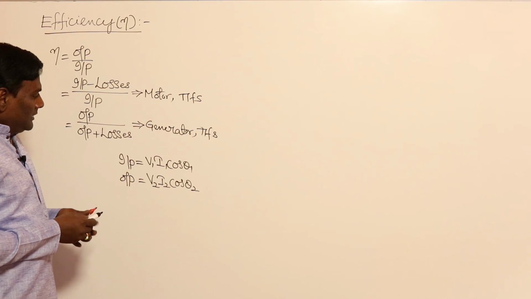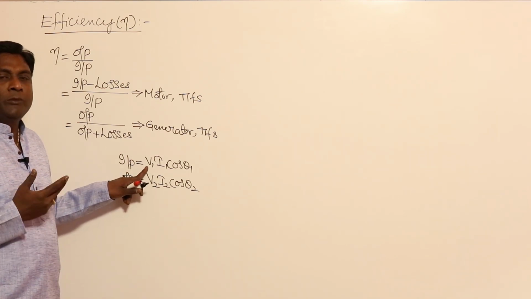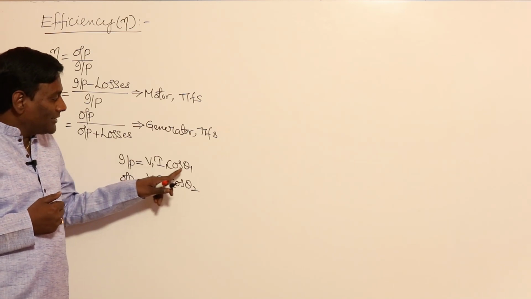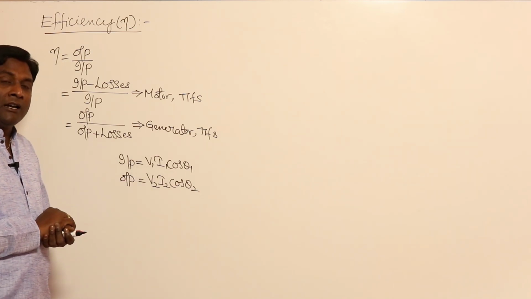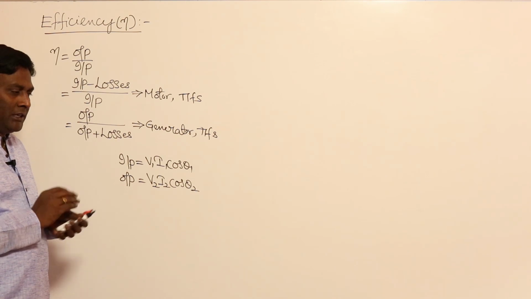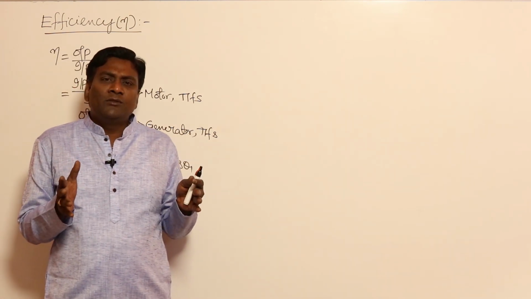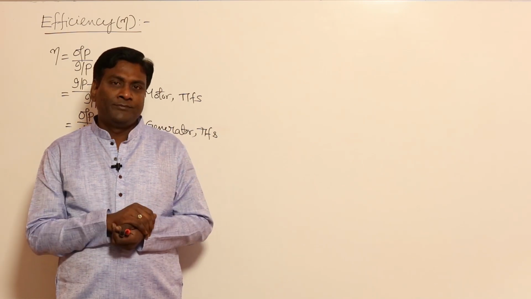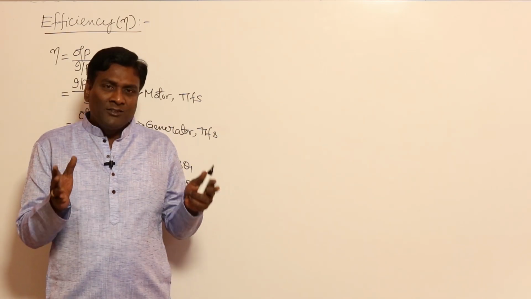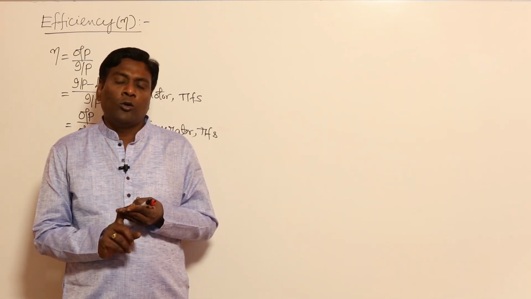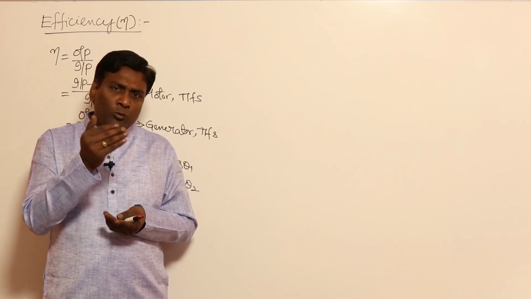Now V1 is an infinite source, which is going to be constant in a transformer. I1 and theta 1 will be decided by I2 and theta 2. The output conditions of the transformer should be given in the problem. For example, whether the transformer is operating at half load or 10% of full load, the problem should give.